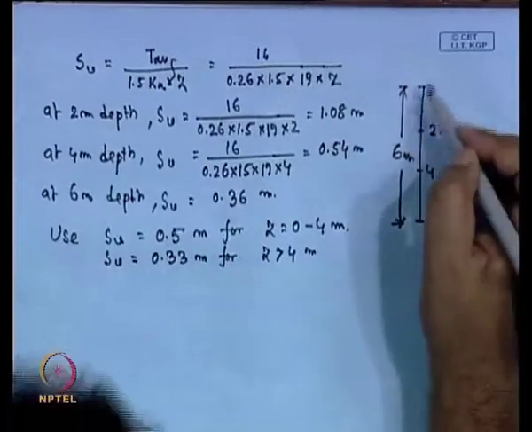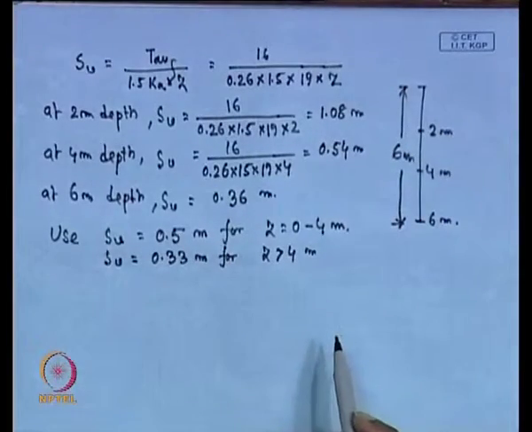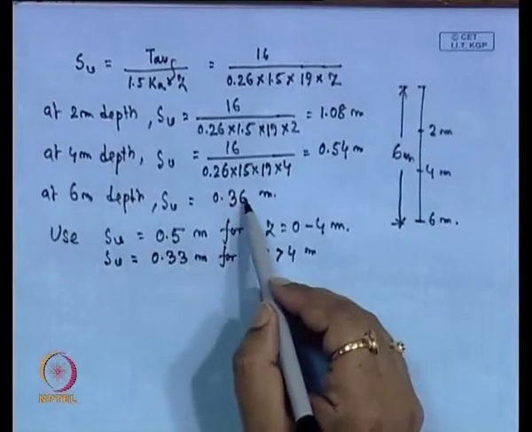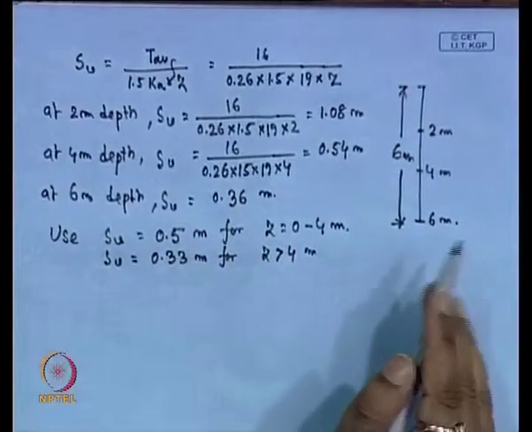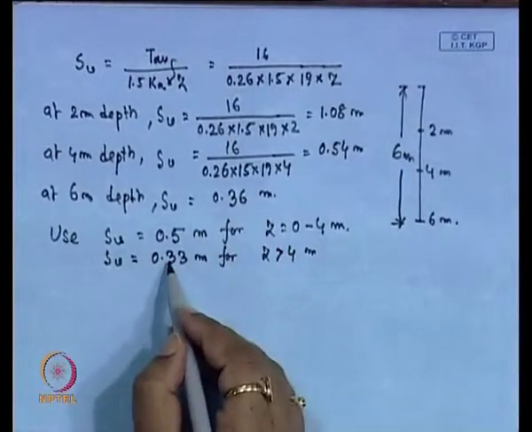We have to choose this spacing such that, because here the required spacing is 0.36, we can provide less, we cannot provide more. So, that is 0.36, we are taking 0.33.